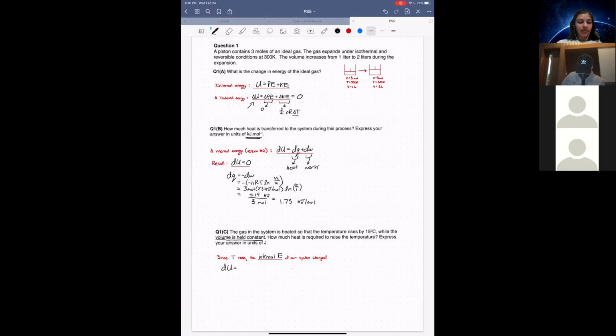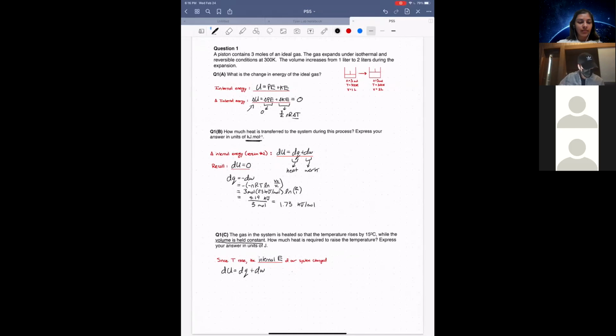So if we just write our equation again, dU equals dq plus dw. And then what we could cancel out here is that since work is a function of volume, and since volume is constant, that means work goes to 0. So we're given dU equals dq.